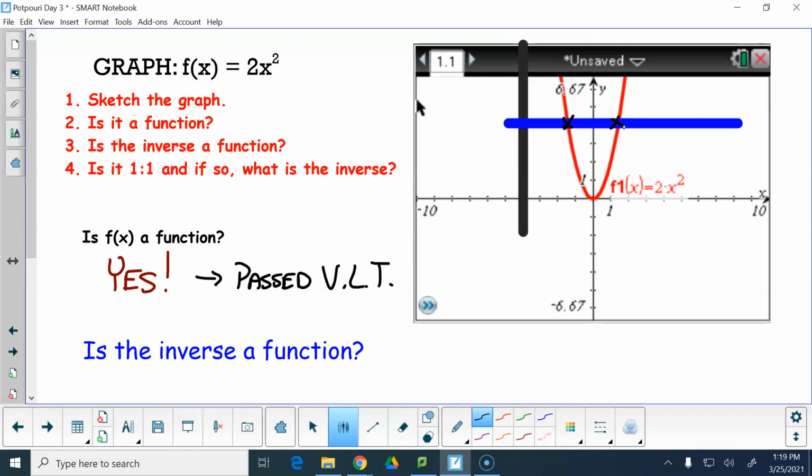So the inverse is not a function. So is this a one-to-one function? No, because they both have to be yes in order for it to be.